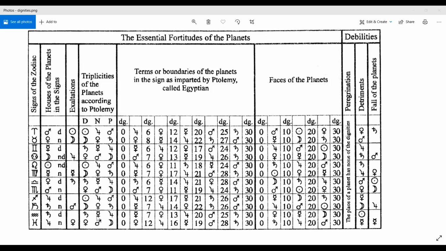You can do it so that all three get the 3 points, and you can do it so that only the ruler of the sect gets the 3 points. For right now, we're going to do it whereas only the ruler of the sect gets the 3 points. So if the planet is one of the other three, for right now, it will not get the 3 points. So I know that might be confusing, but we're just going to do it that way.